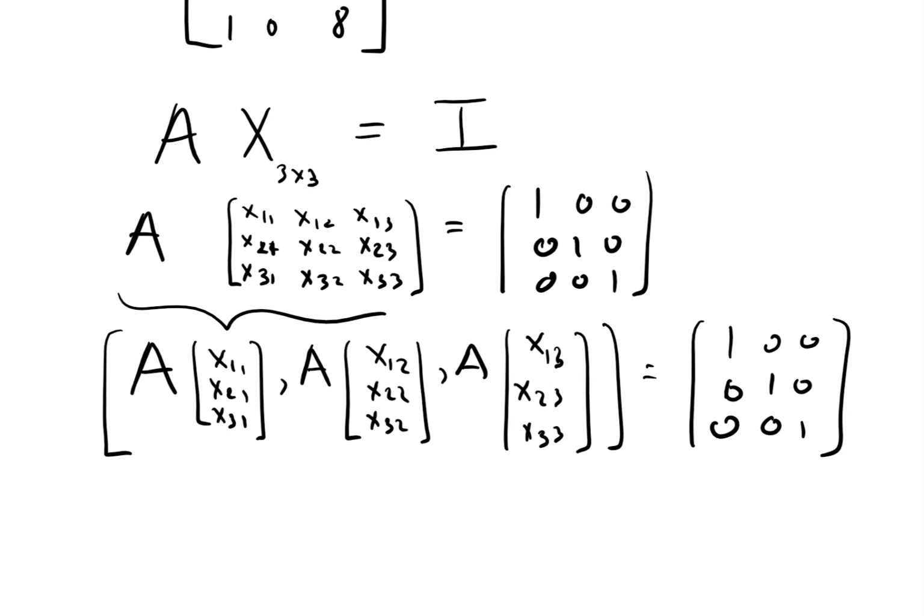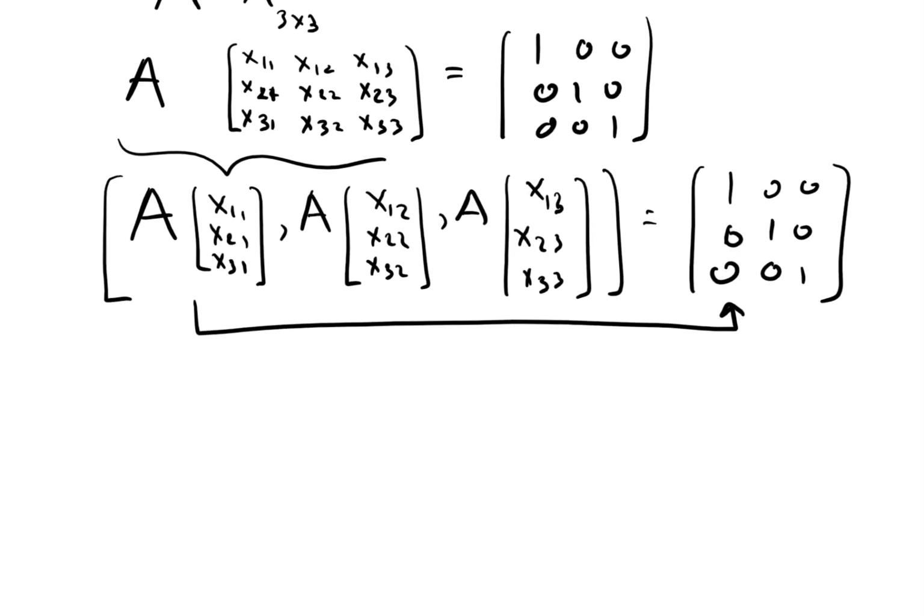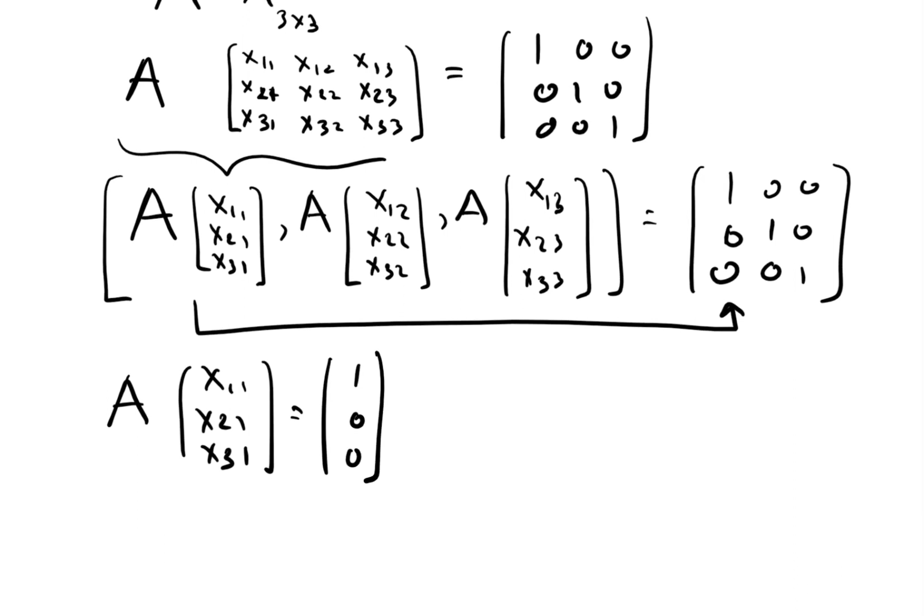And I'm going to match each of these columns. For example, the first column should be equal to 1, 0, 0. So A times X11, X21, X31 has to be equal to 1, 0, 0.